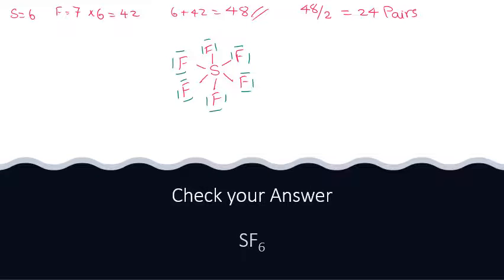If you are getting this one, very good, excellent, you did a good job. That means you learned how to draw with an exception. If a molecule is in front of you that is exempted from the octet rule, you know now how to draw it, and how to decide whether it can hold more than 8, because S, that is sulfur, is in the third period, and then it can hold more than 8 electrons.